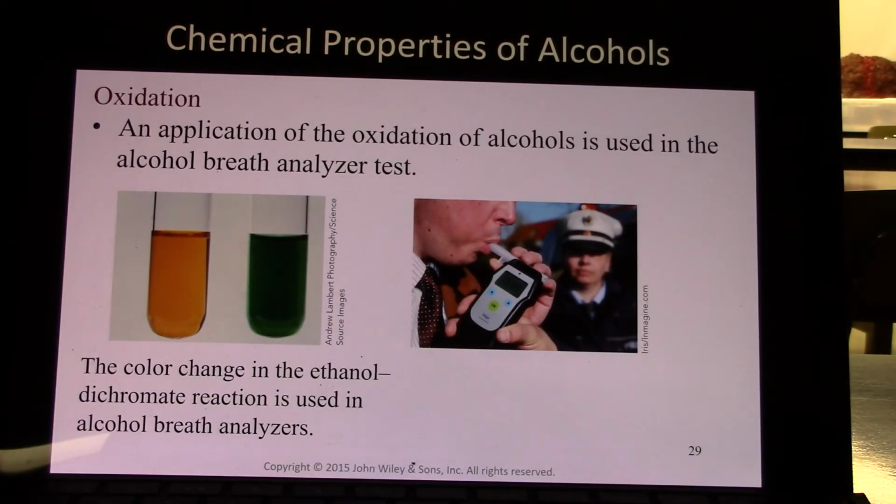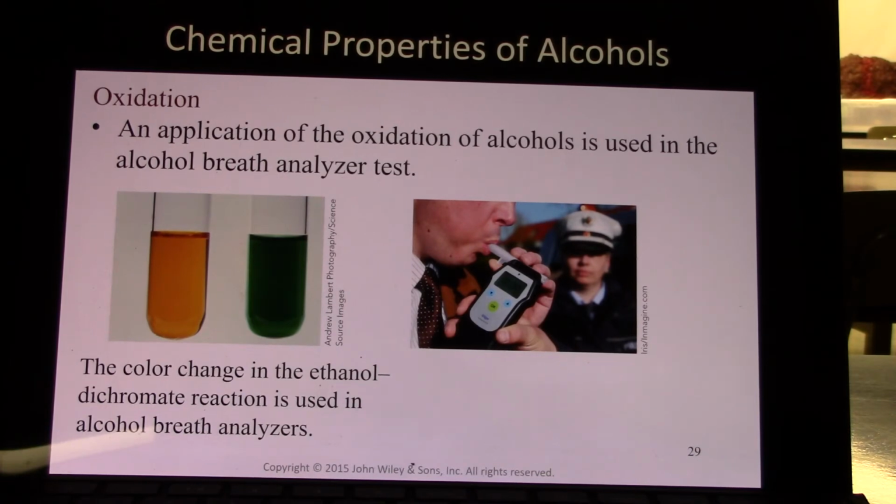So oxidation. Here's a breathalyzer, and we use chromium salts to look at a color change in the ethanol dichromate reaction. This is not a super accurate test, so this is what's called a field test. A police officer will have somebody pull over on the side of the road and blow into it.